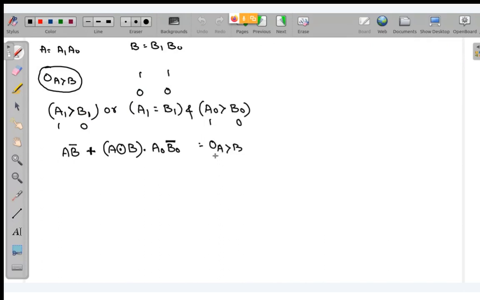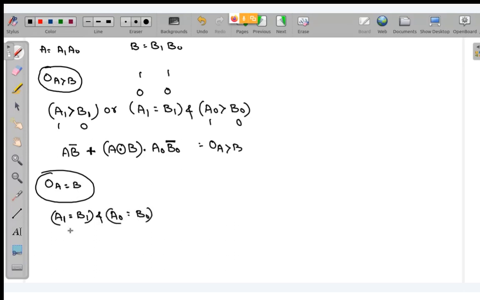Is this clear? Now next will be output when A is equal to B. In this case, how can we get it? When A1 is equal to B1 and A0 is equal to B0.